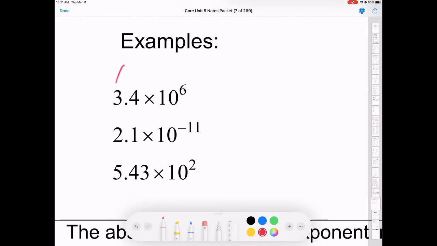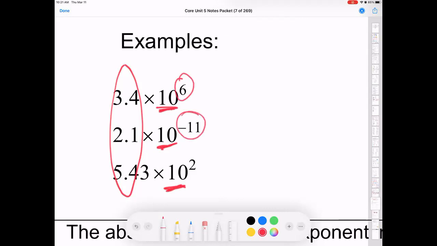So notice all of these numbers are between 1 and 10, right? And then after that, it's being multiplied by 10 every single time. And then that 10 has some exponent, whether it be a positive one or a negative one.